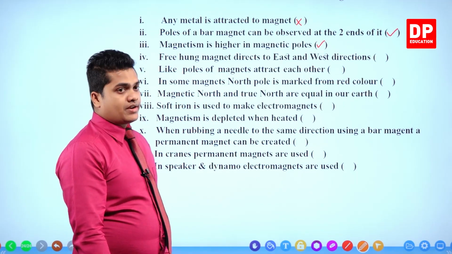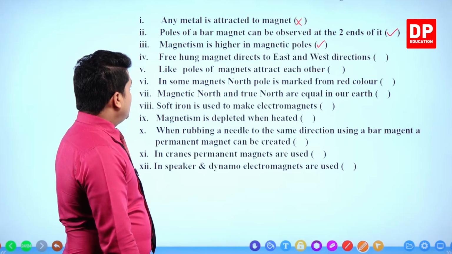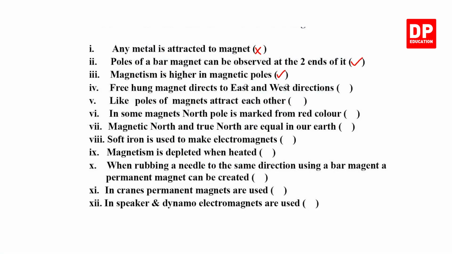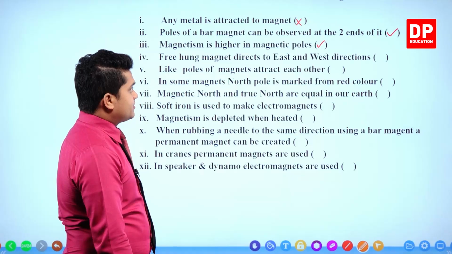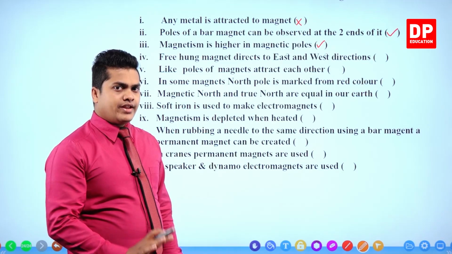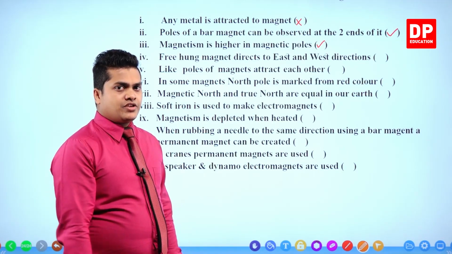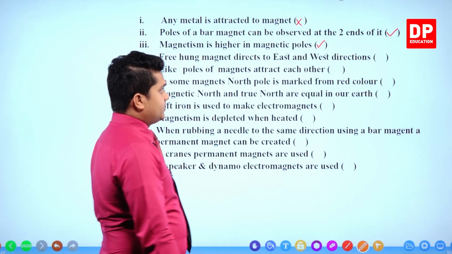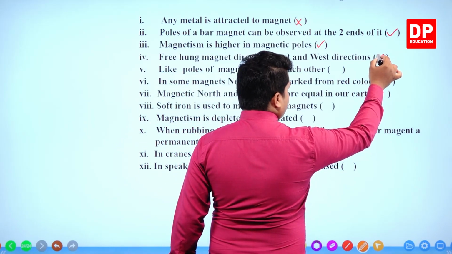Magnetism is higher in magnetic poles. Number 4. Free hung magnet directs to west and east directions. This statement is incorrect.